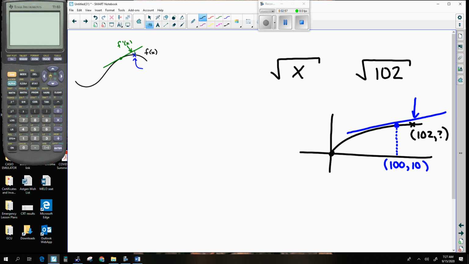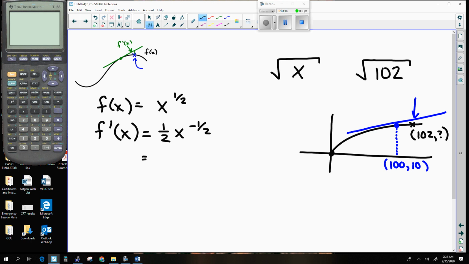We know the point of tangency is (100, 10), but we need to know the slope of our tangent line. If f of x is square root x, what is the derivative of that? That's going to be 1/2 x to the negative 1/2, aka 1 over 2 square root x.